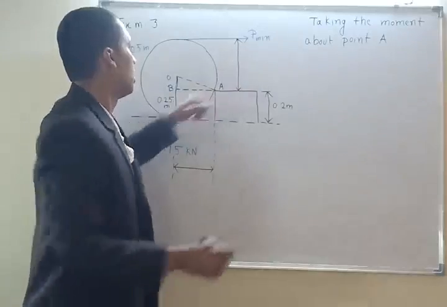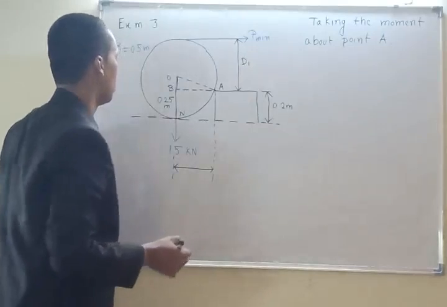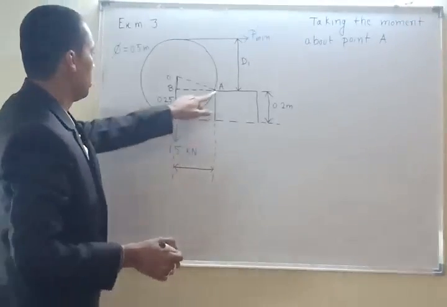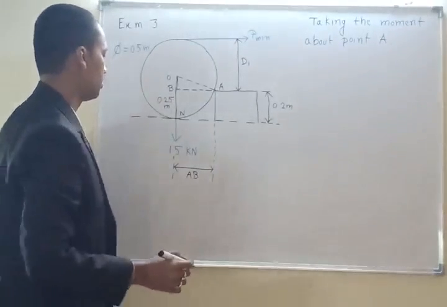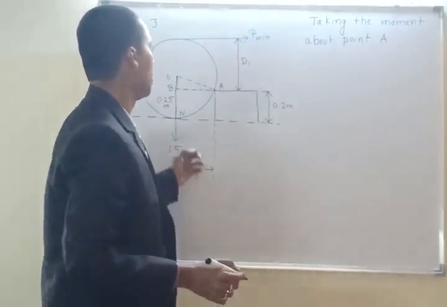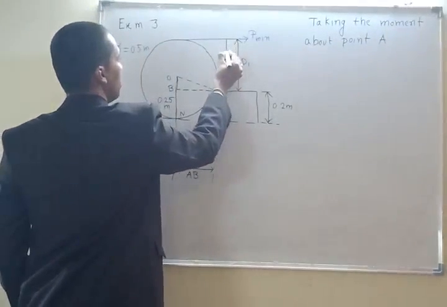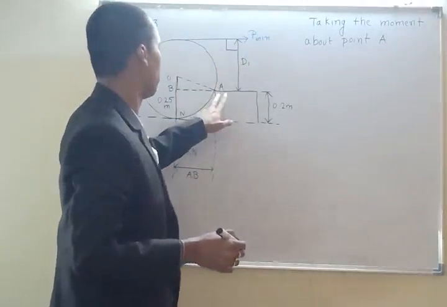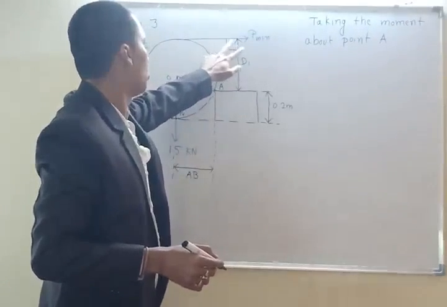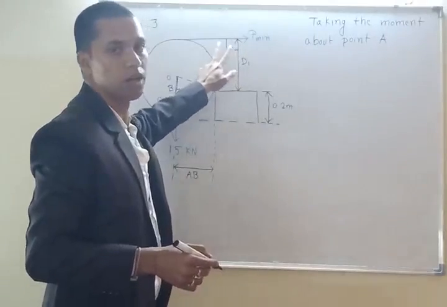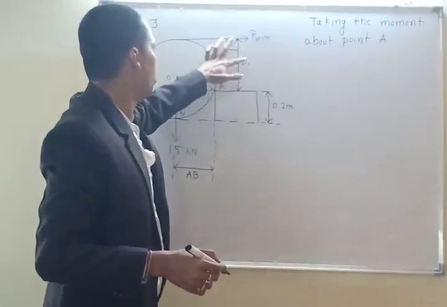For P minimum, I am writing it as D1. For 1.5, it is AB. Perpendicular distance means at a 90-degree angle. It means we are measuring the distance of A from P minimum, and that should be at a right angle, at a 90-degree angle from where it is measured.